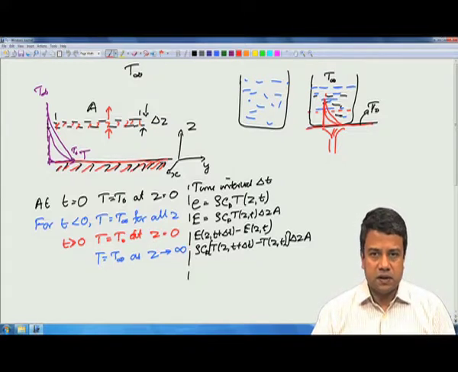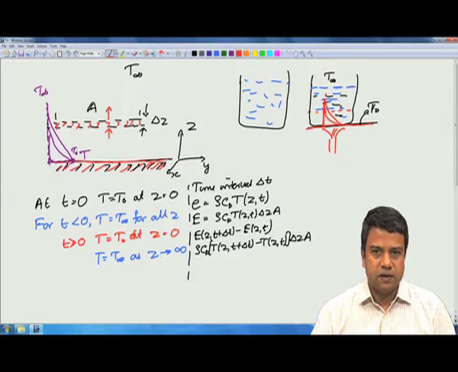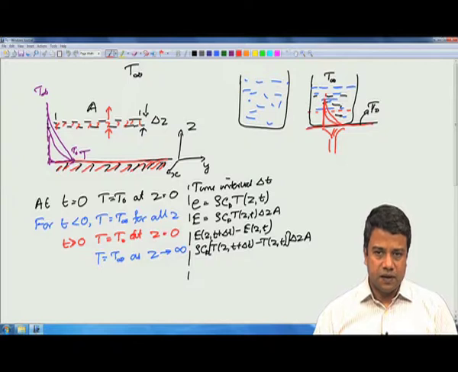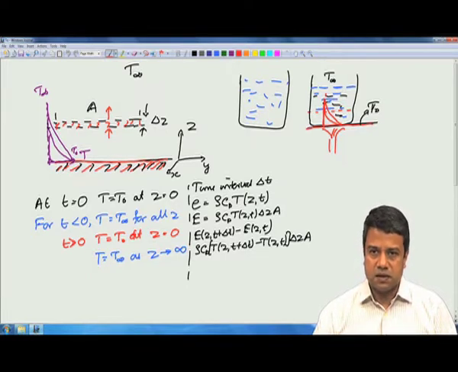And I had told you that this is actually an idealization of a system, where if you have a container of fluid and you place it on a heat source, so long as the depth of penetration of the heat into the fluid is much smaller than the height of the fluid, you can consider it to be infinite in the z direction. So, in that sense it is an idealization. We will come back and see under what conditions this idealization is valid.